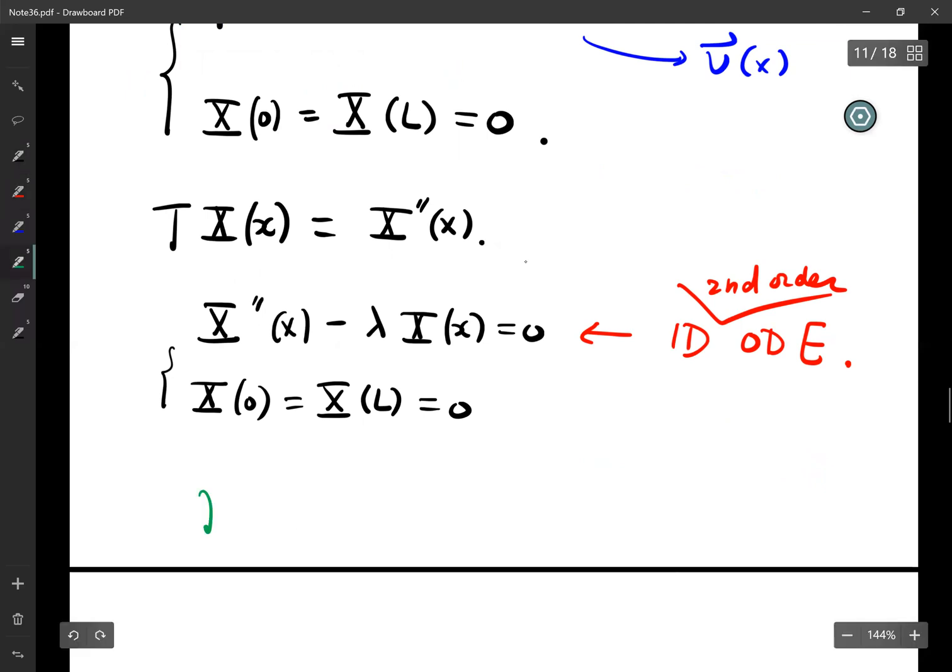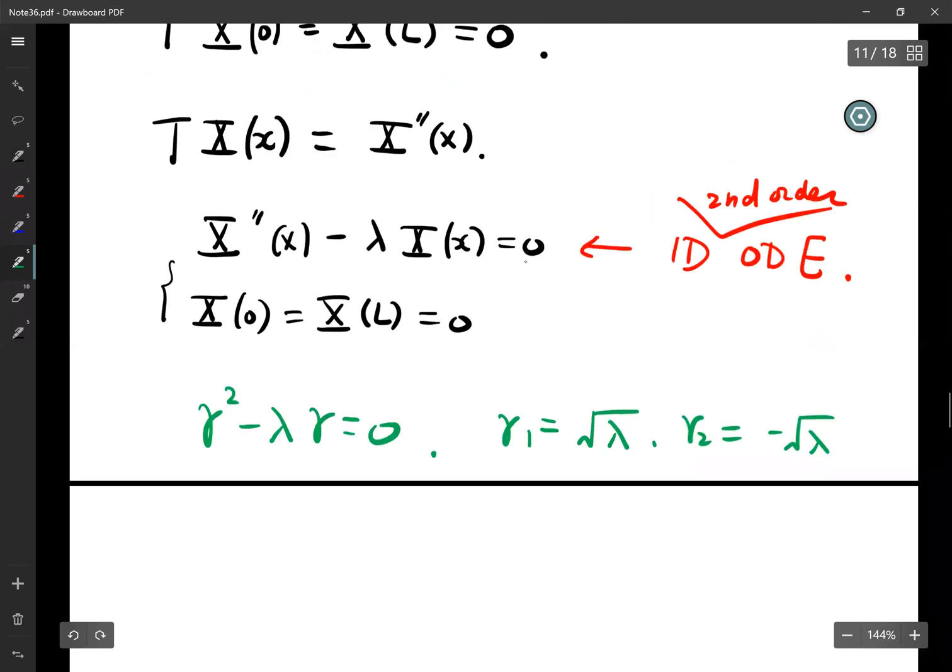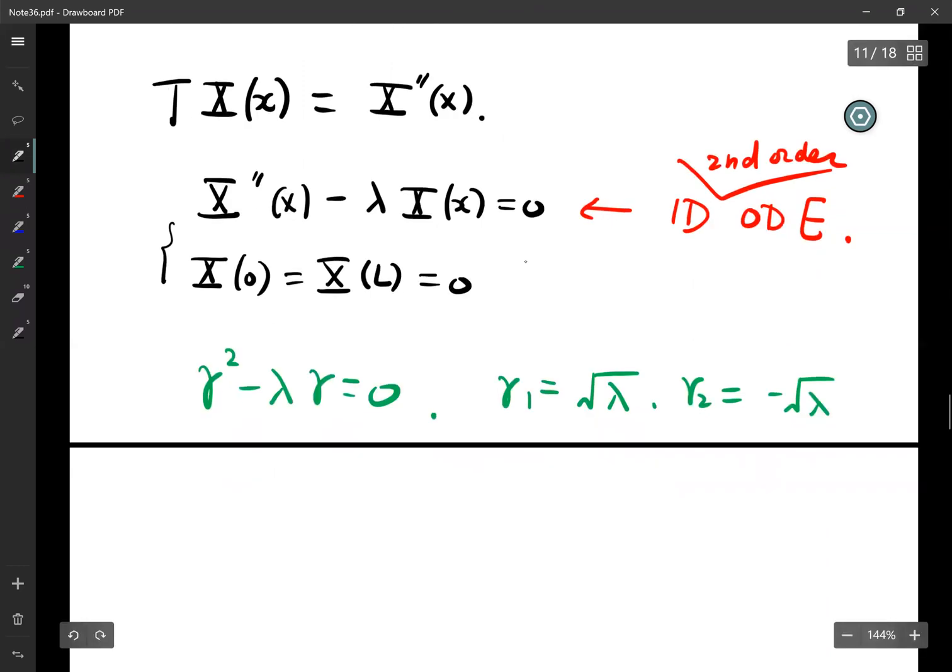So there's the so-called auxiliary equation, and it tells me that r1 is the square root of lambda, r2 is minus square root of lambda. So it might be that they have repeated roots or lambda is negative. So naturally, we need to discuss three cases.